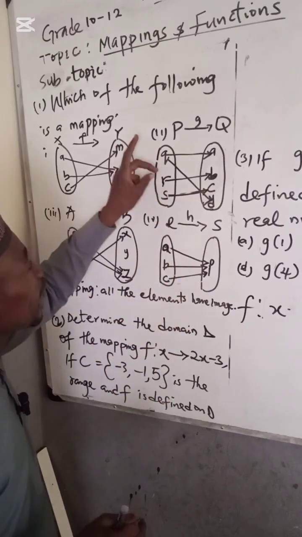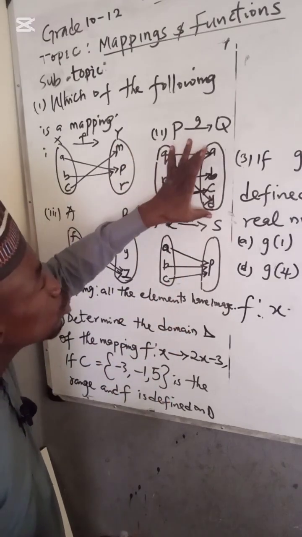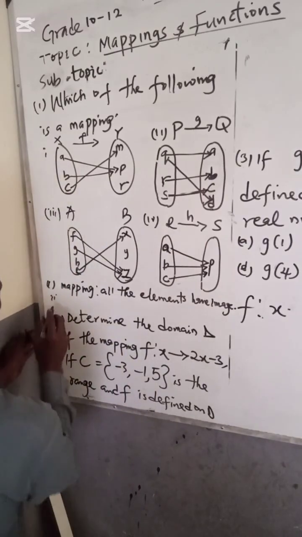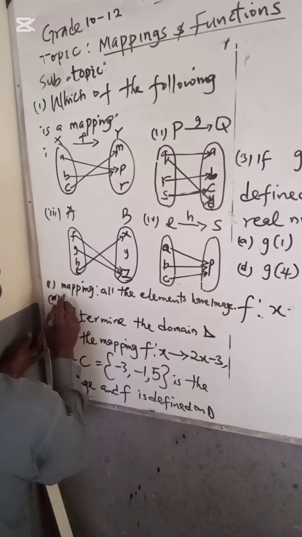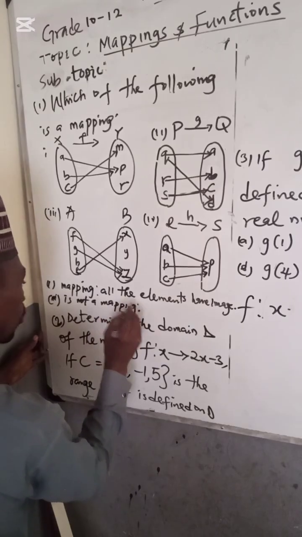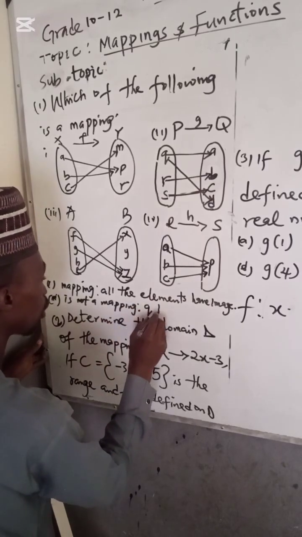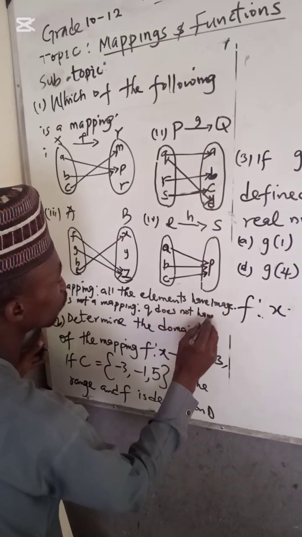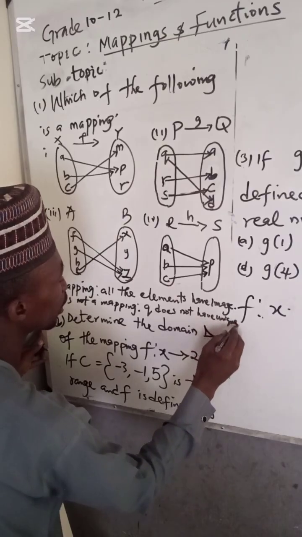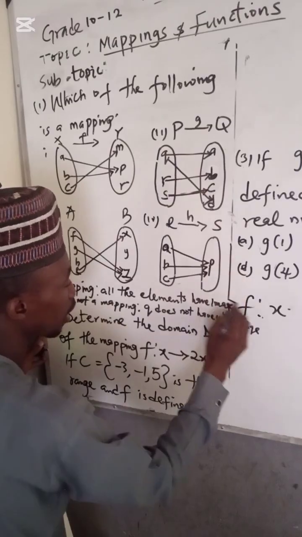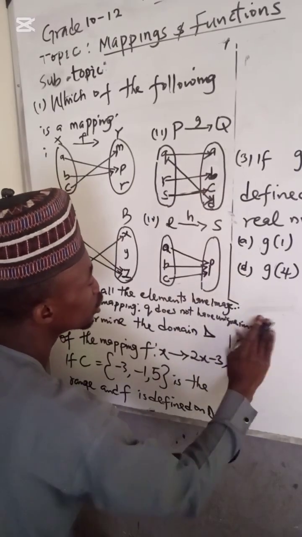That means no element has 2 images. So in that sense, question 2 is not a mapping. Why? Q does not have a unique image.